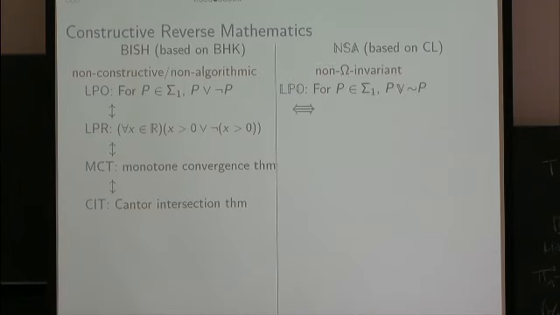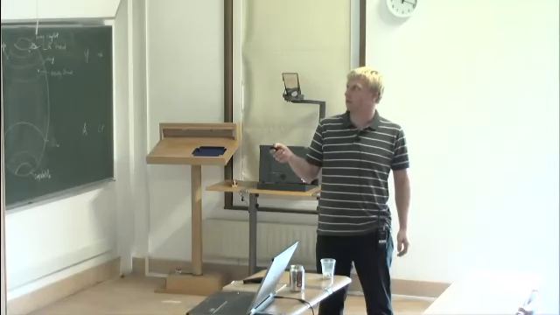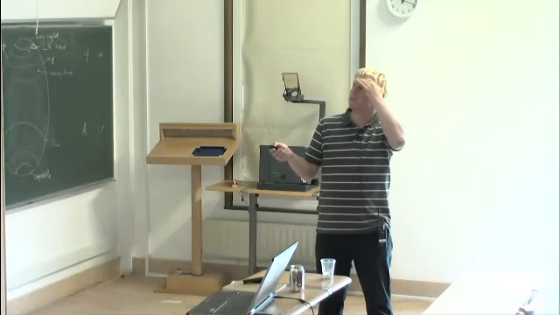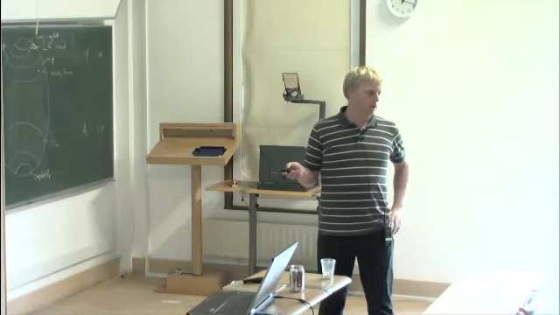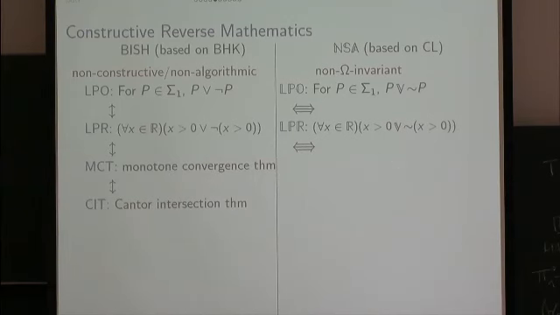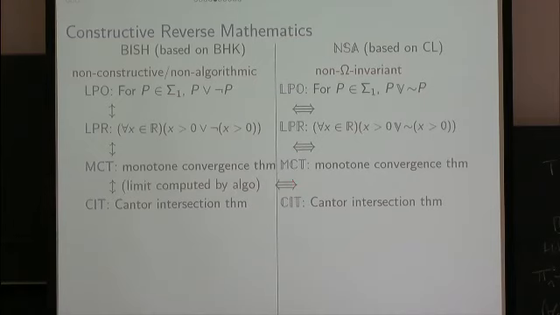On the blackboard, LPO is P hyperdisjunction hypernegation P. That's sort of the obvious translation: just replace the logical connectives. And then this is equivalent to x is bigger than 0 hyperdisjunction hypernegation x is bigger than 0. So that's nice. And there are also versions of MCT and CIT.